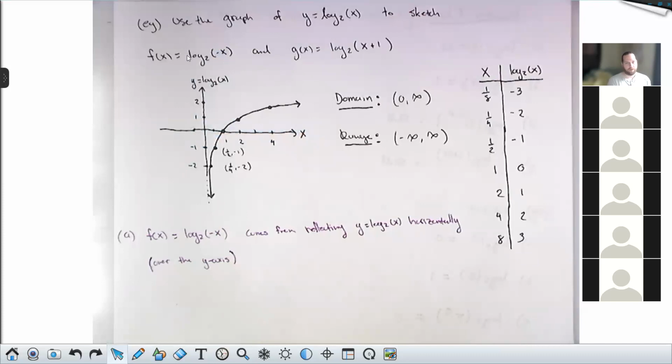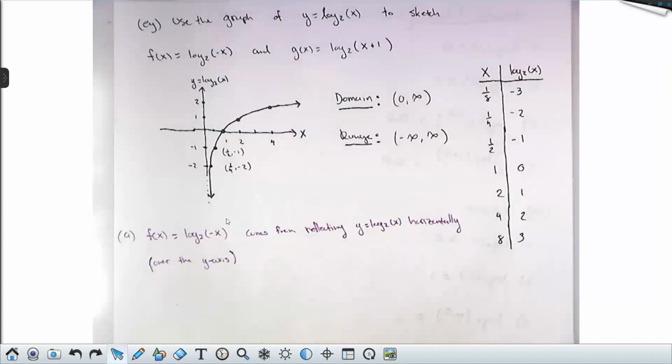And a negative on the outside flips you vertically, flips you over the x-axis, flips your range around. If you were to do both of those, having a negative on the outside and a negative on the inside, that would be both a vertical and horizontal flip, and that is a reflection through the origin. So maybe that's what you're asking, right? If you also had a negative on the outside, then that would put you reflected through the origin. Yeah. Thank you. Cool. All right.